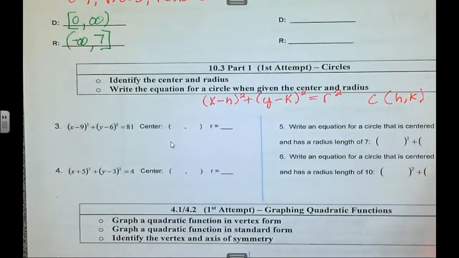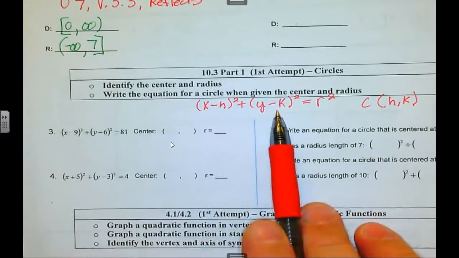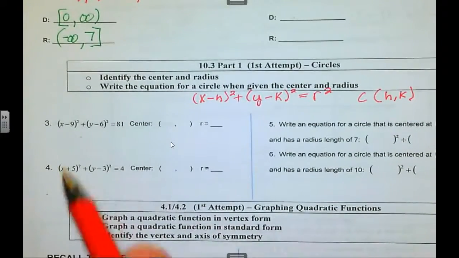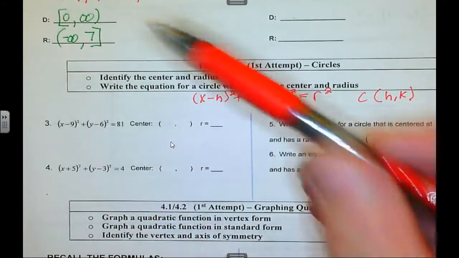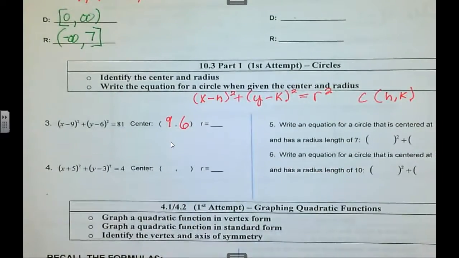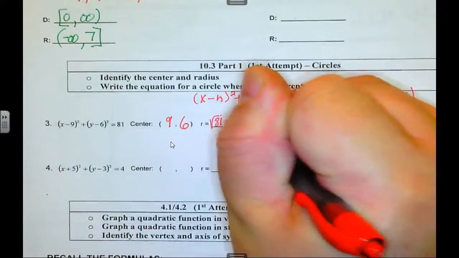Now, this was pretty easy because the center and everything that comes out of these parentheses is opposite the sign. Okay? So, looking at number 3, I have a -9 and a -6, so it's going to be +9, +6. My radius is the square root of 81, or 9.